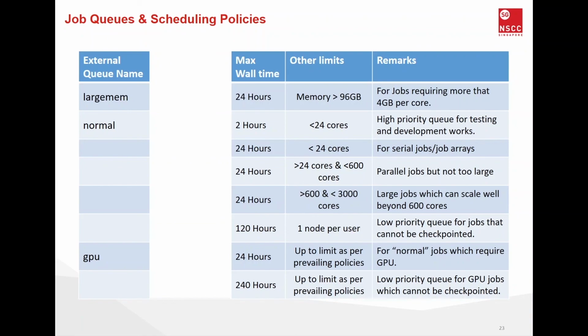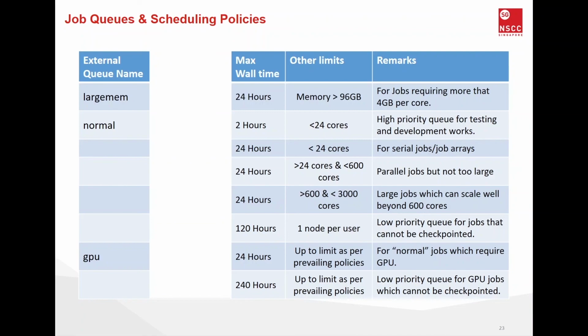In the slides, we can see the queues listed. Listing all the queues is not so practical, but it gives an idea of how the system is set up. We have a classification of external and internal queues. Here we see some of the external queues named large mem, normal and GPU, broadly for the users' understanding.